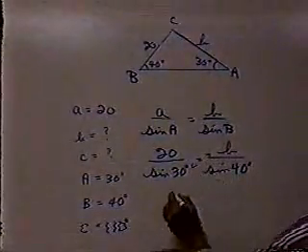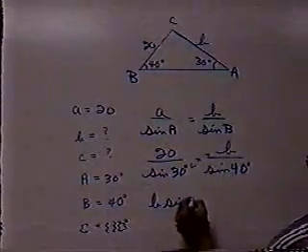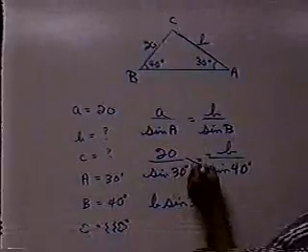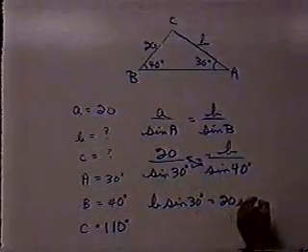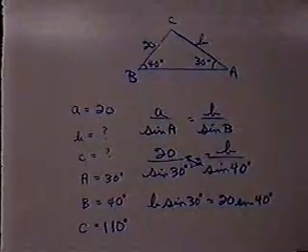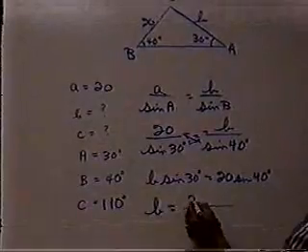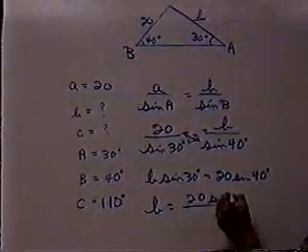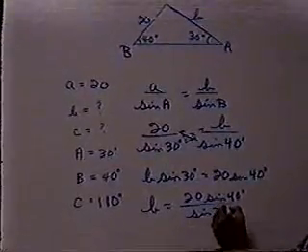This times that is b sine of 30 degrees is equal to this times that, 20 times the sine of 40 degrees. So therefore b is equal to 20 sine of 40 degrees divided by the sine of 30 degrees.